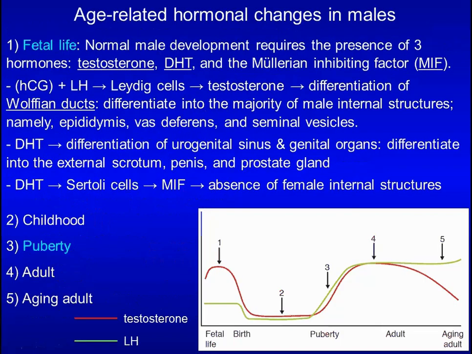Two stages in human development especially require androgens. One is the fetal stage. The other one is at puberty. Fetal stage requires testosterone, DHT, and MIF.